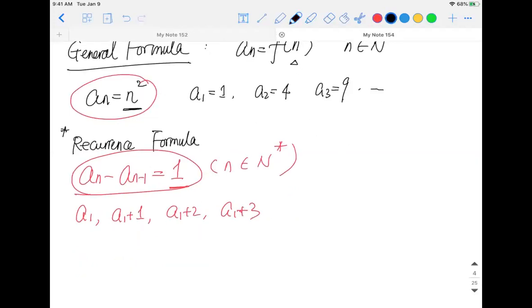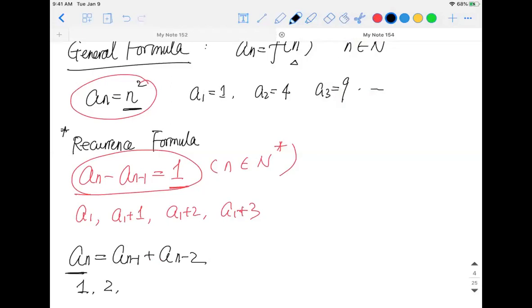Let's say I have a sequence where an can be written as an-1 plus an-2, right? It is quite possible. If this sequence starts with the first number 1 and the second number 2, then every number will be the sum of the previous two numbers.